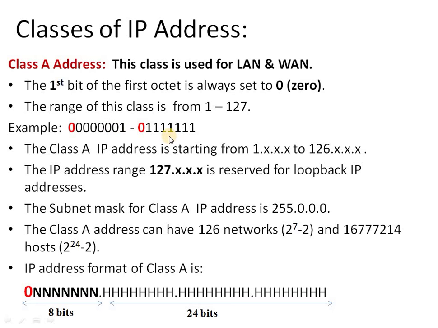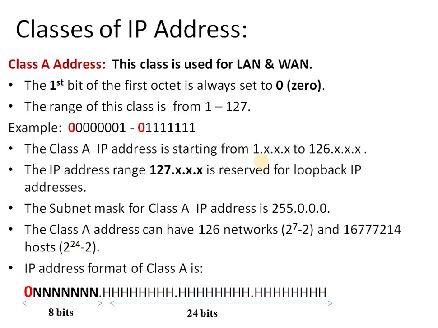The class A IP address range starts from 1 to 126. The range 127 is reserved for the loopback address. That's why we use 1 to 126 here.